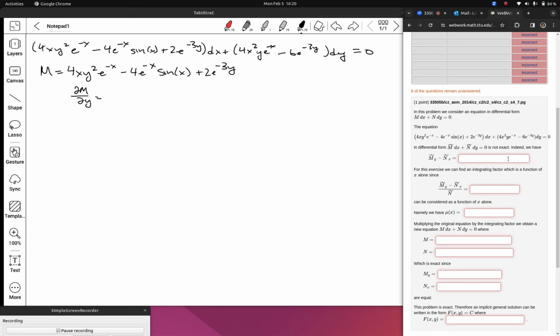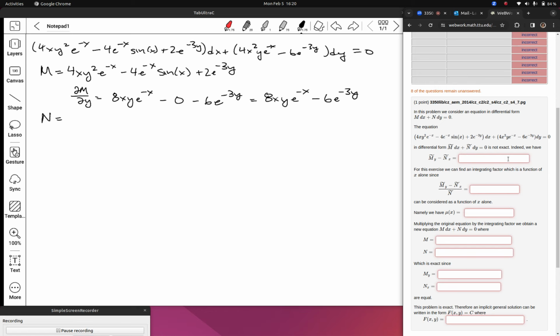From this first term, I'm going to get 8xy e to minus x, minus 0 from the middle term because there are no y's there, plus 2e to minus 3y. Oops, it's a y, not an x. So it's 2 times minus 3, which is minus 6 e to minus 3y. So we're going to get 8xy e to minus x minus 6e to minus 3y.